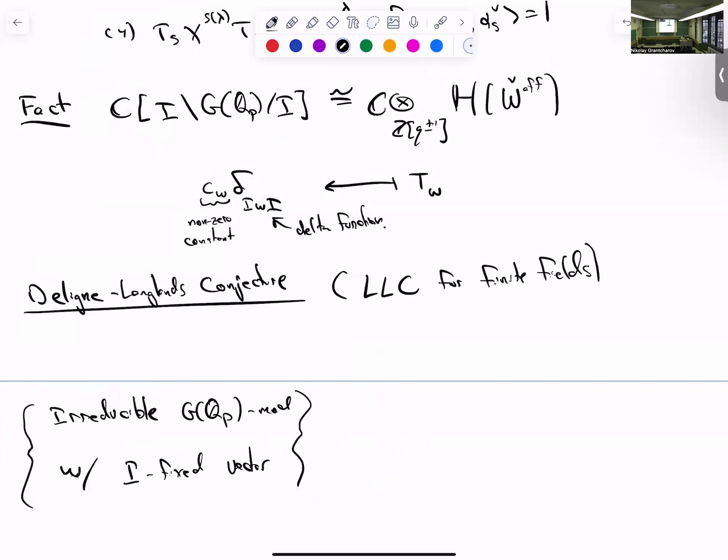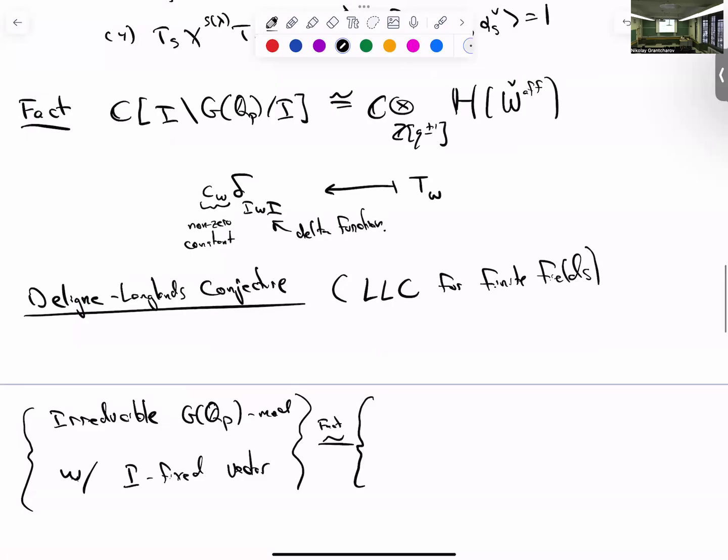And then the fact, so there's no theorem here. This is just the same thing as irreducible Hecke algebra modules.